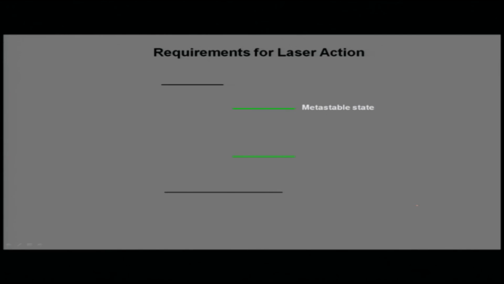So, in this case, this is sort of like the 4-level system that we can see in a dye laser, where you have the efficient pumping to the excited state, and this excited state has very low relaxation to the place where it came from, the ground state.